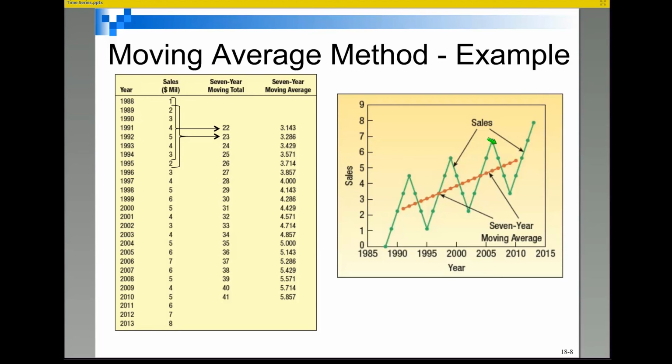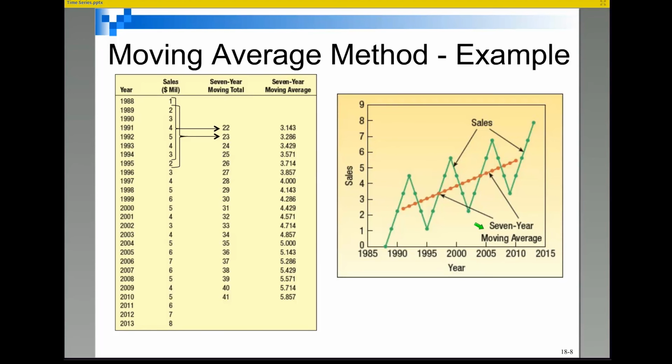Probably every, let's see, 10 years the data will repeat itself up and down, right? And say we want to calculate a 7-year moving average.